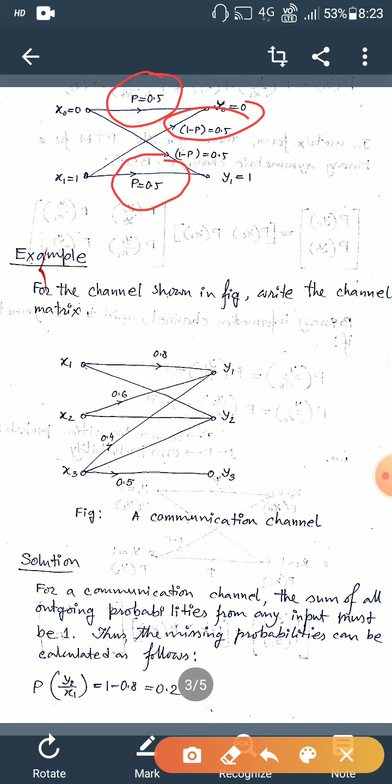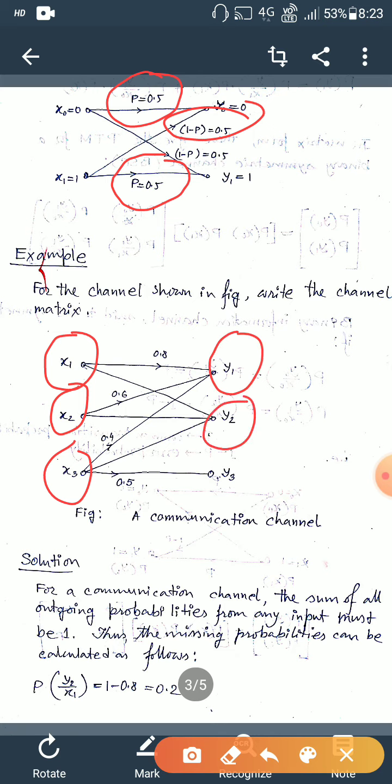Now there is another example, where three input symbols are present, x1, x2 and x3, and three output symbols are present, y1, y2 and y3. So obviously y1 is the result of x1.